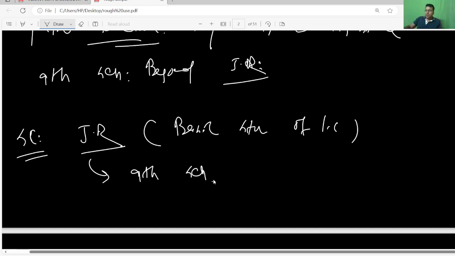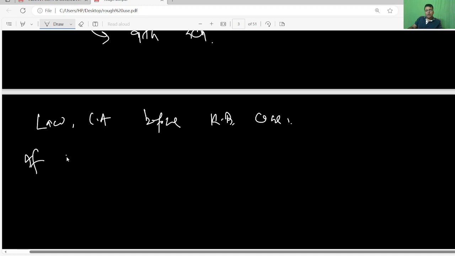Clear? So any law, any amendment, even if it happened before the Kesavananda Bharati case, if it violates the basic structure, it is declared null and void.